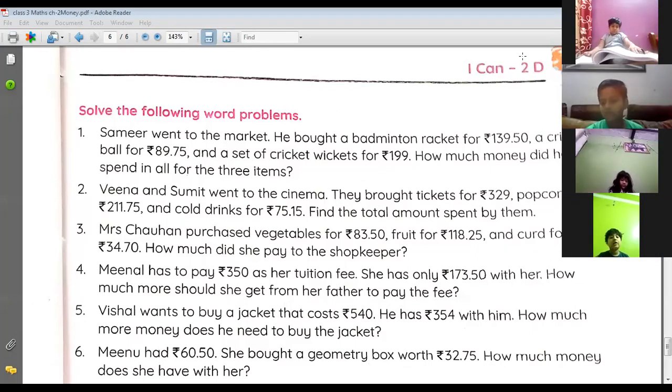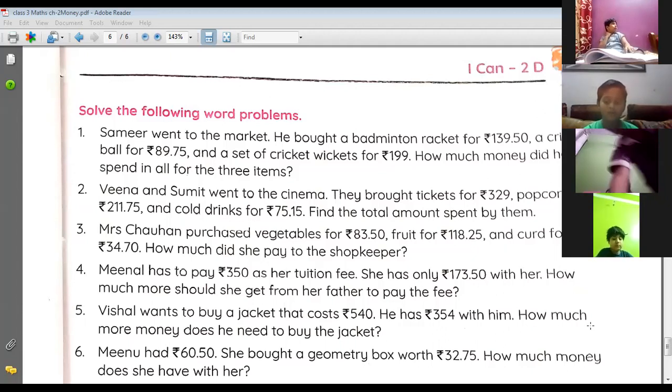Abid, can you read the next question? Veena and Sumit went to the cinema. They bought tickets for 329. Exactly.